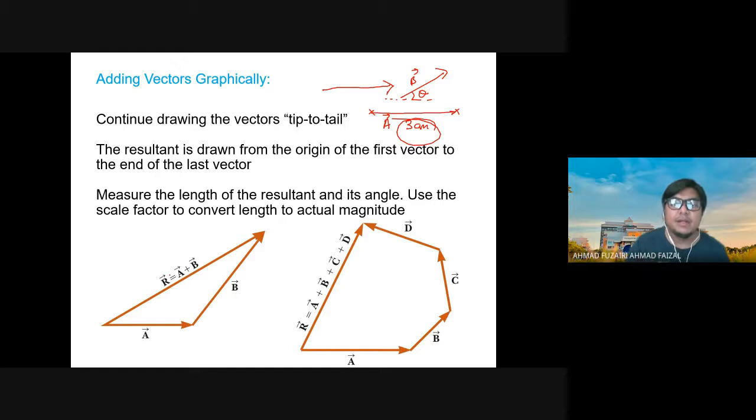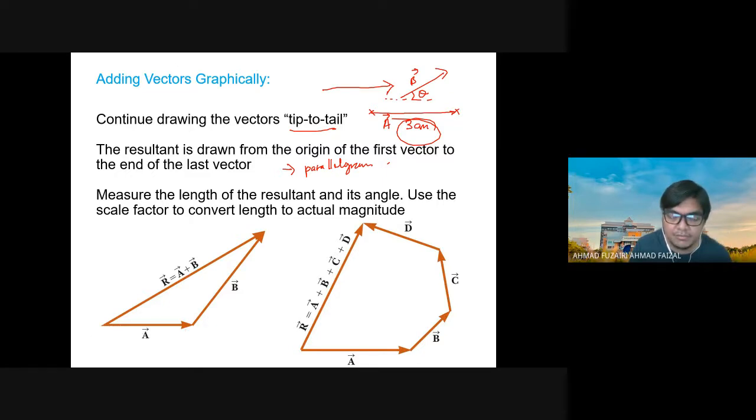In the graphical method, we have two ways, which is the tip to tail method. Another way using drawing is the parallelogram. Earlier I showed the tip to tail method in the graphical approach.